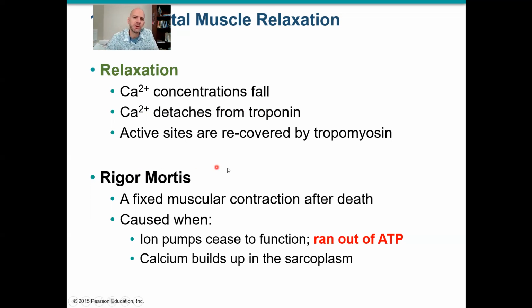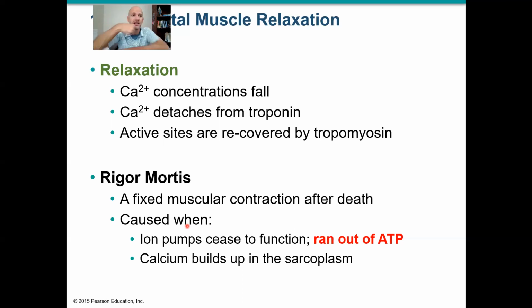Rigor mortis is a fixed muscular contraction after death, because dead cells and dead bodies do not continually go through metabolism, making fresh ATP. Therefore, that myosin head group is going to bind, hold, and do contraction, and then it won't let go. The myosin head is attached to actin, and the thing that releases the head is a fresh ATP.